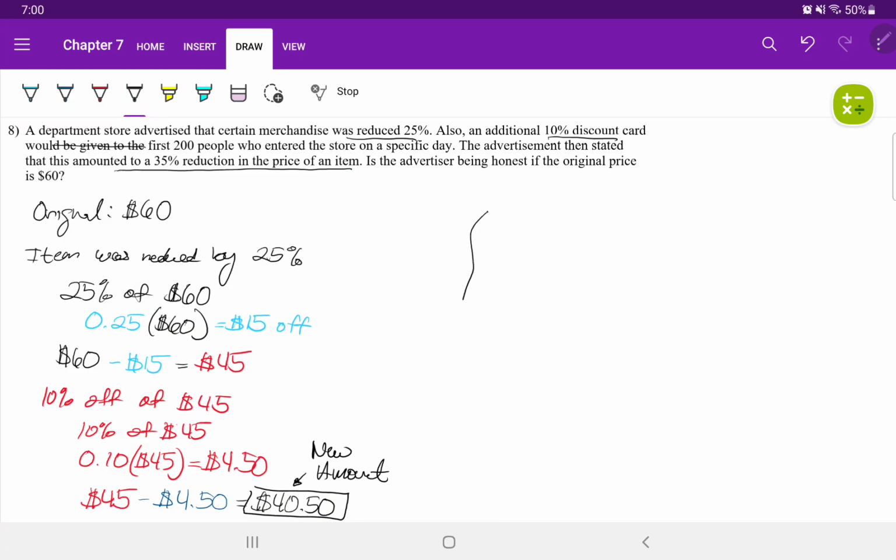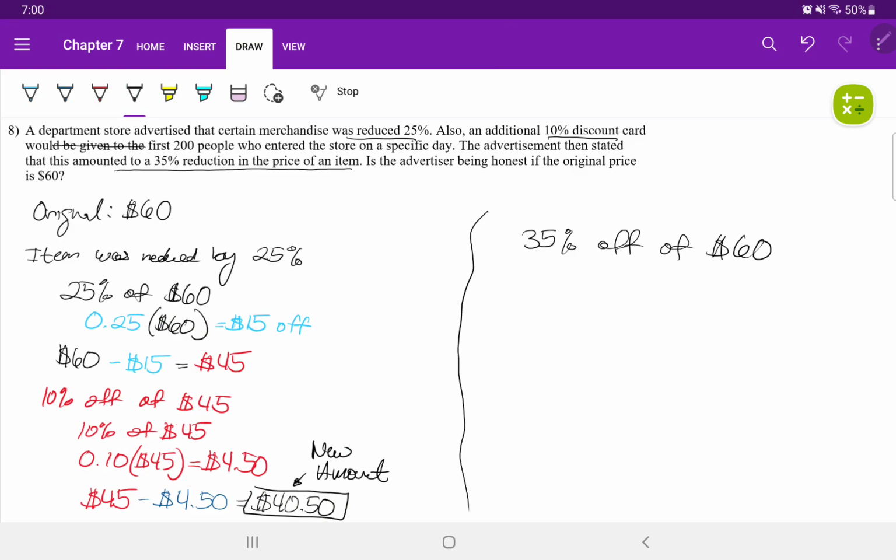So if that's the case, I want to find 35% off of $60. And if it equals $40.50, then the advertiser is being honest. But if it doesn't, then he's being dishonest.